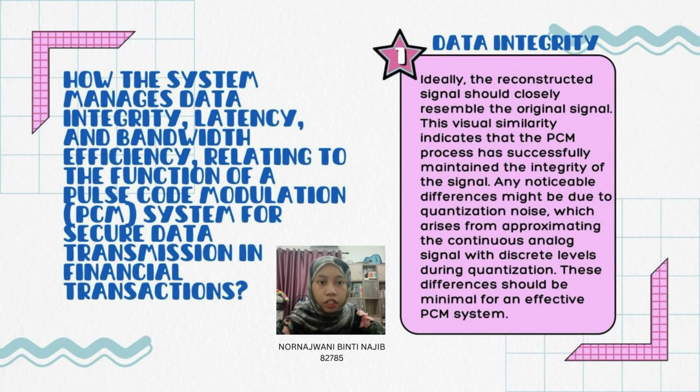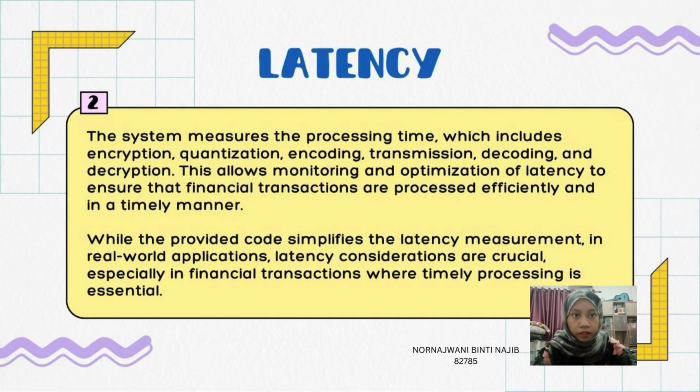However, in an efficient PCM system, such differences should be minimal. The system tracks the processing time encompassing encryption, quantization, encoding, transmission, decoding, and decryption. This facilitates the monitoring and improvement of latency to guarantee efficient and prompt processing of financial transactions.